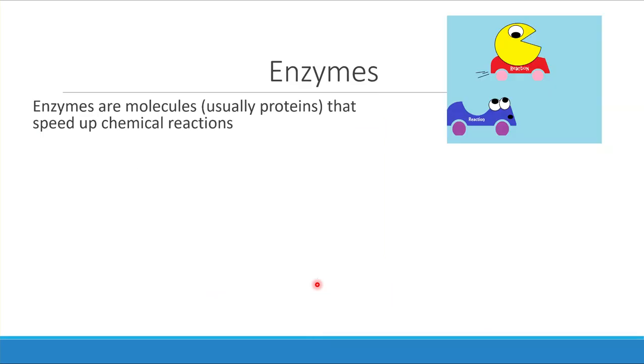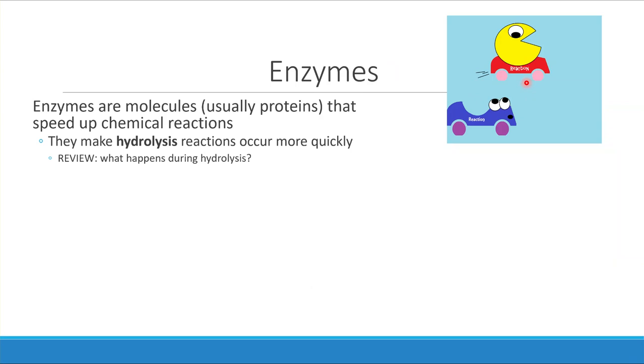When we're talking about needing energy to do some reactions, this is a good time for us to mention enzymes. And think about enzymes kind of as the race car that's going to help our chemical reactions occur more quickly. So enzymes can be used to help hydrolysis reactions occur more quickly, meaning adding water to break big things into small pieces.